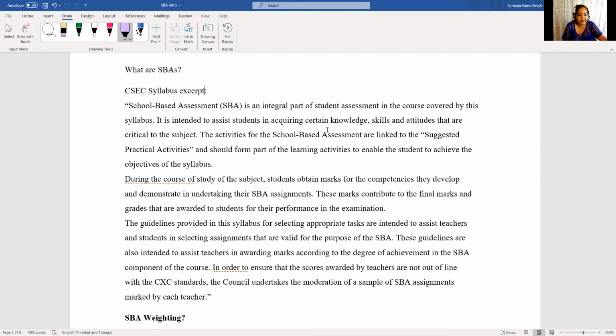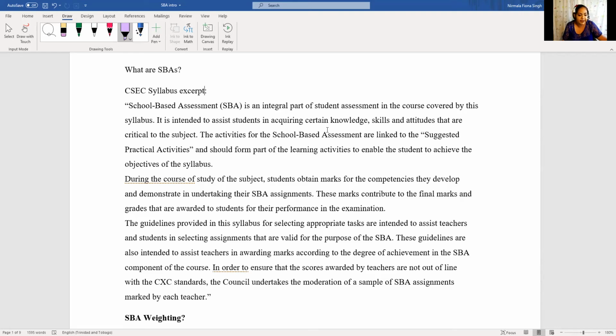During the course of the study of the subject, students obtain marks for competencies they develop and demonstrate in undertaking their SBA assignments. These marks contribute to final marks and grades that are awarded to the students for their performance in the examinations.